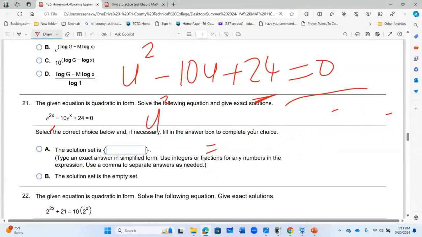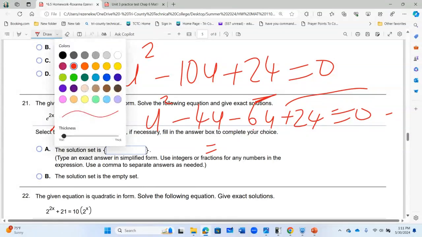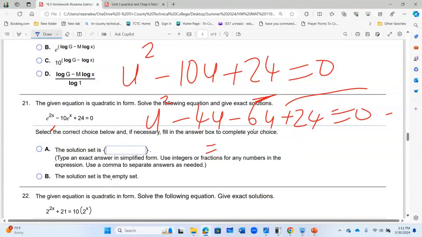So u squared, I like to do it this way, minus 4u minus 6u plus 24 is equal to, I like to do it by grouping. The first group is right here, the second group is right here. If everything is good, it means that what is in the parentheses are equal. So u into u minus 4 here.